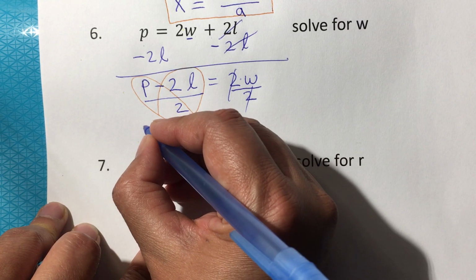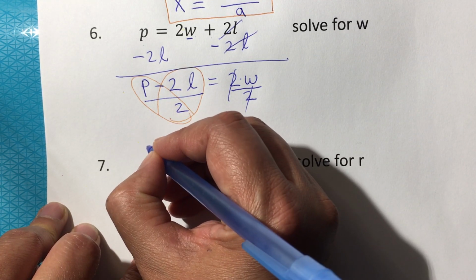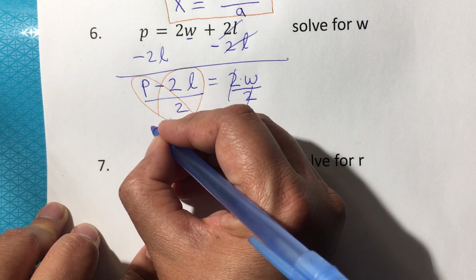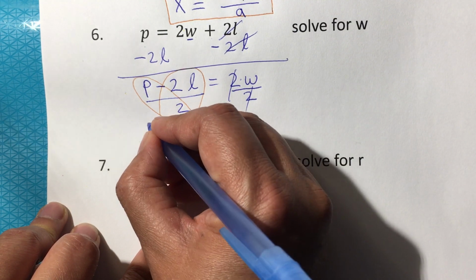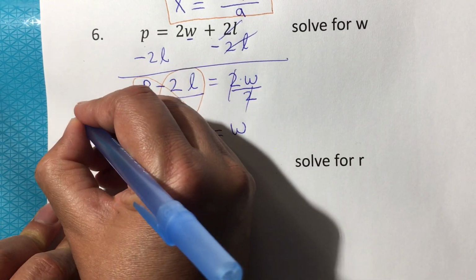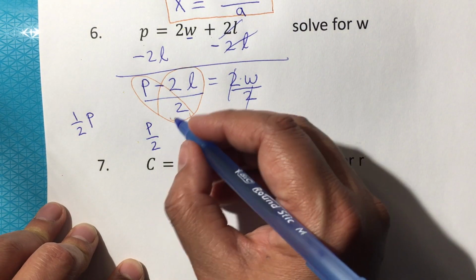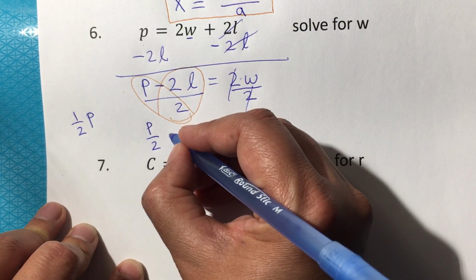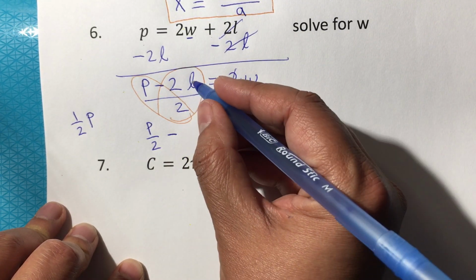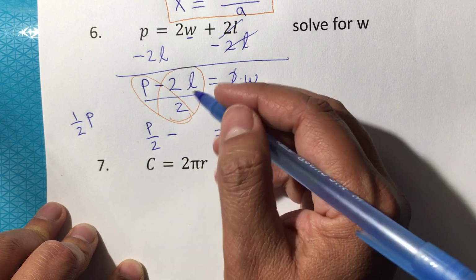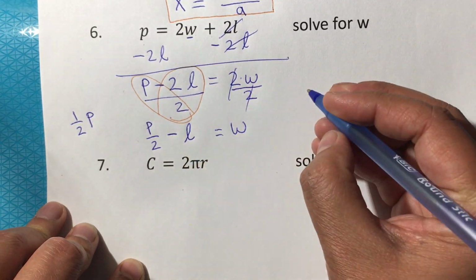We put it as p over 2 or 1/2 of the perimeter. Either way is fine. So p over 2 or 1/2 of perimeter, that's the same thing. And then negative divided by positive is negative. And 2l divided by 2, the 2 cancel, so it's just negative l.